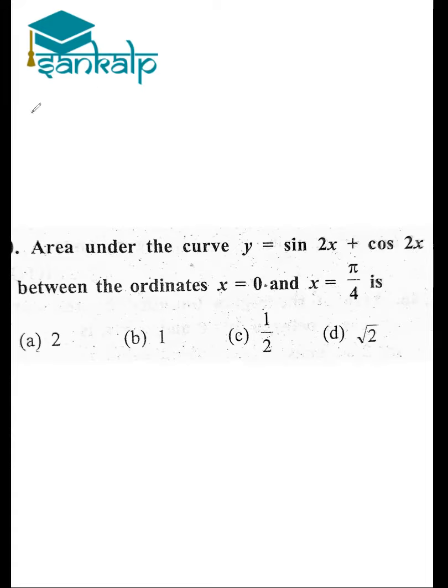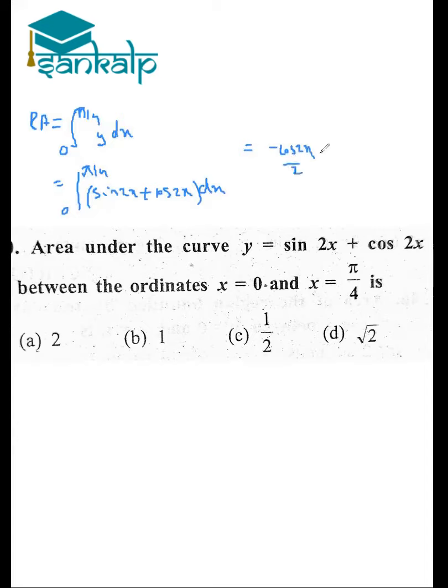The required area is given by the integration from 0 to pi by 4 of y dx, where the value of y is sine 2x plus cos 2x. On integrating sine 2x, we get minus cos 2x upon 2.